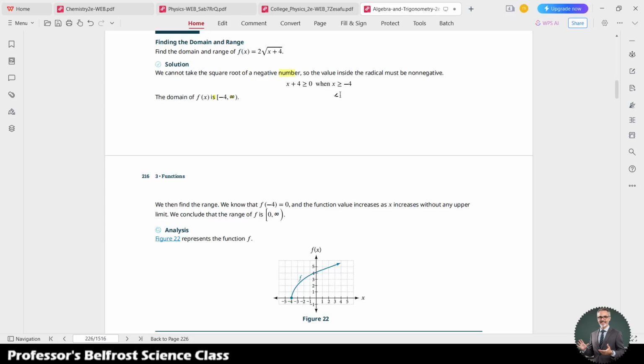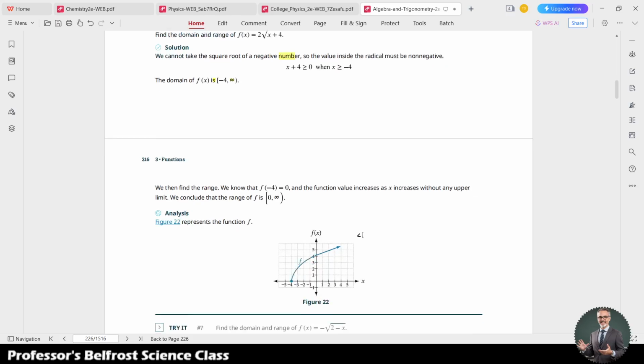Greater than or equal means it includes the endpoint, but infinity never has an include sign. It will exclude, because infinity is not a number. So minus 4 comma positive infinity in this case. And we then find the range. We know that f(minus 4) is 0, so it must go from 0 to infinity. Very easy, right?